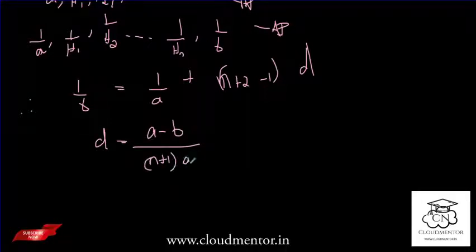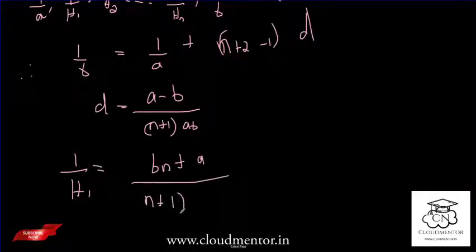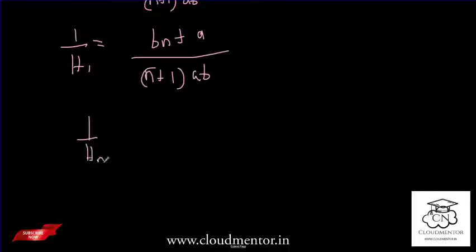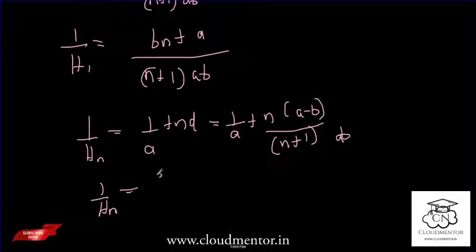Now 1 by h1 is equal to (bn plus a) by (n plus 1) of ab, and 1 by hn will be equal to 1 by a plus nd, and that's equal to 1 by a plus n of (a minus b) all divided by (n plus 1) of ab, which equals (an plus b) divided by (n plus 1) of ab.